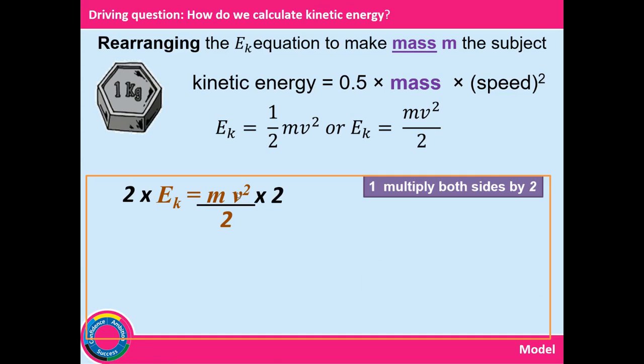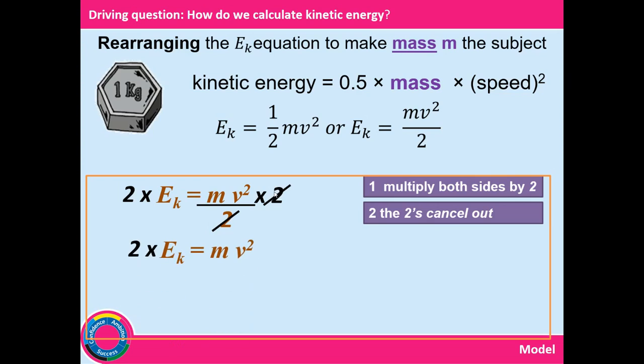Right, so you notice on my right hand side, I have a 2 in the numerator and a 2 in the denominator. These 2's will cancel out and I'll be left with 2 multiplied by E equals mv squared. Again, I've still got a v squared by the m and I need to get rid of this v squared because I need m alone on one side of this equation.